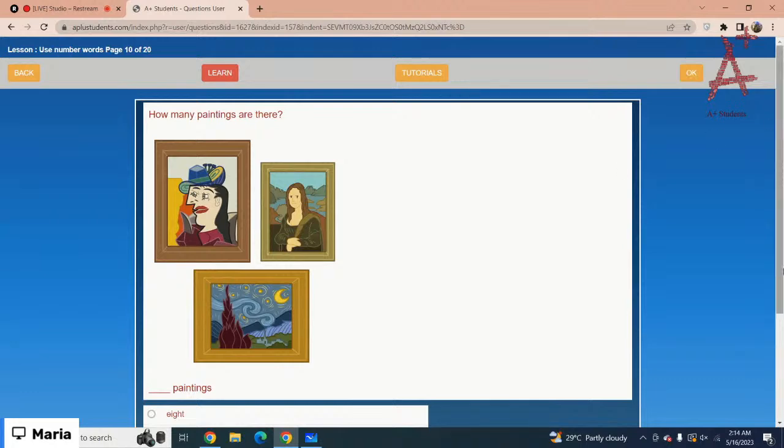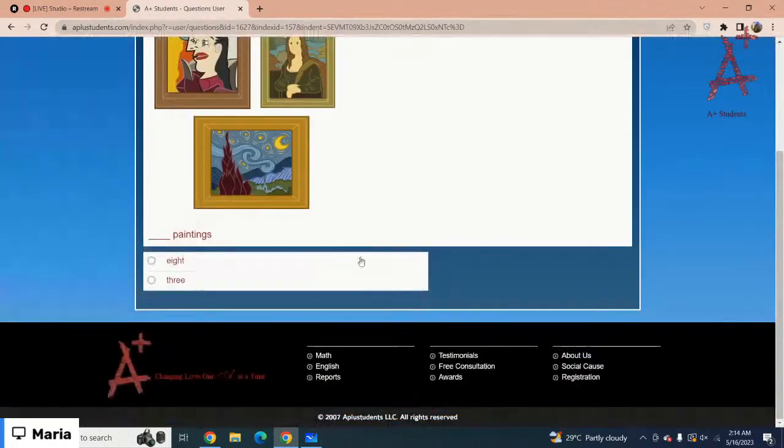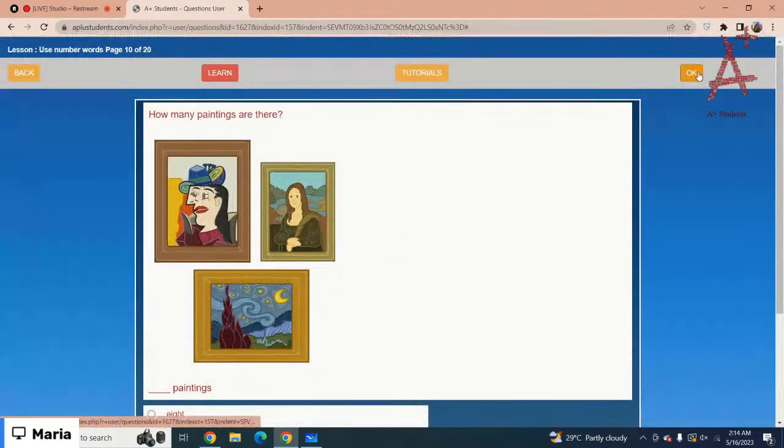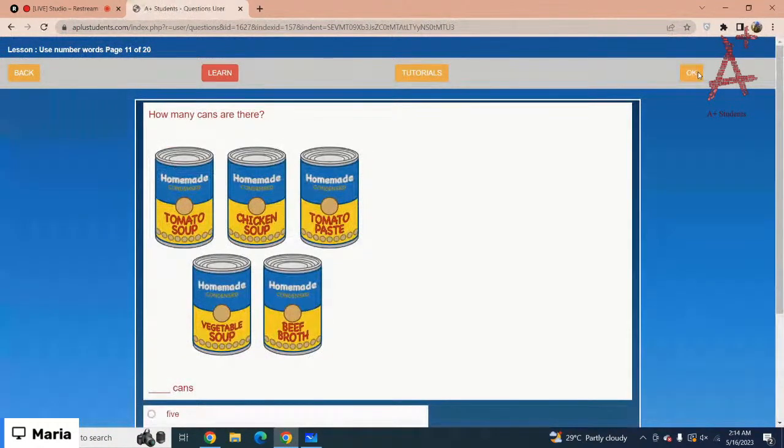Just three, so the correct option is three. How many cans are there? You have just five cans. The correct option is five.